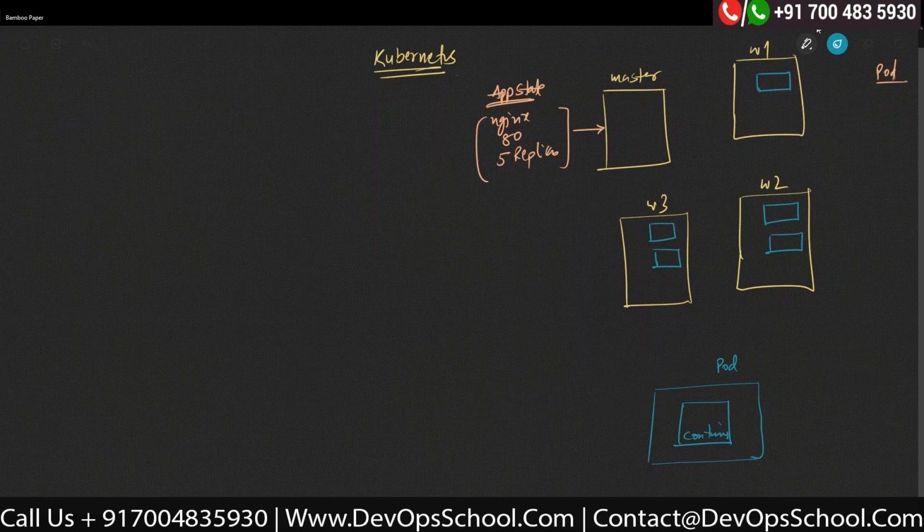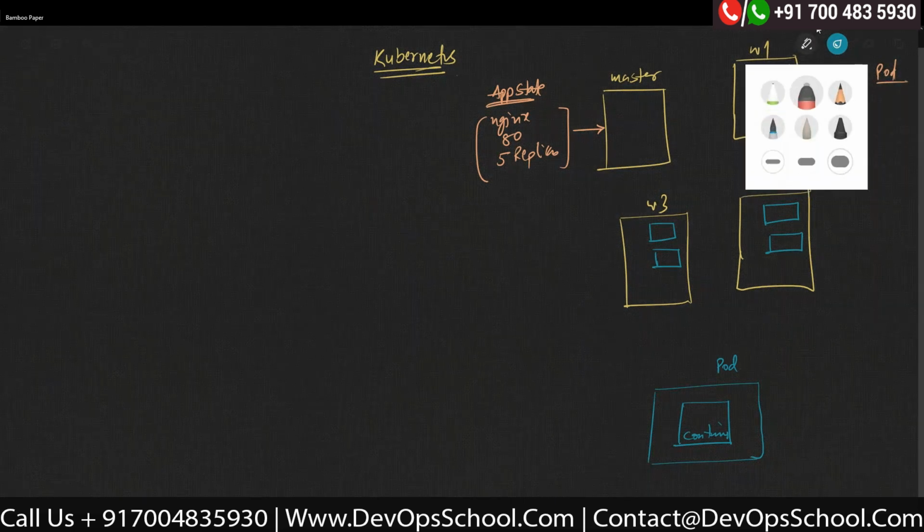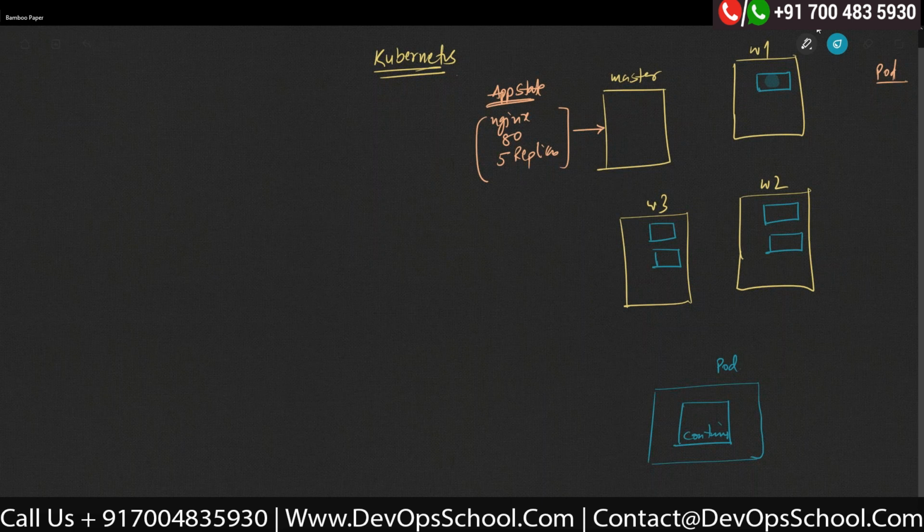Okay, so when you give this desire that I want to run this application and 5 replicas, well, master machine will understand this and it will say, okay, run 5 pods, and in the 5 pods the containers will run.